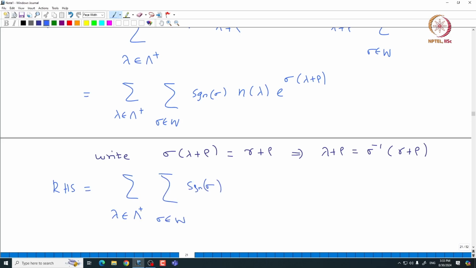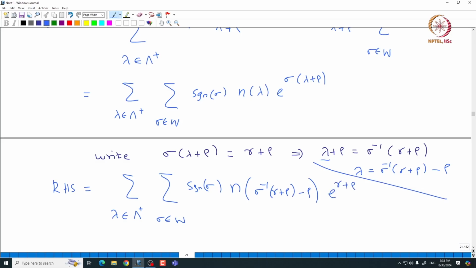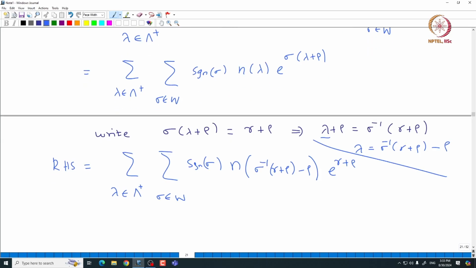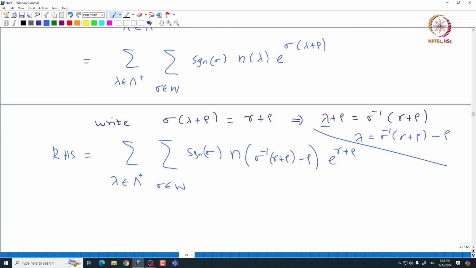So, again we have to replace lambda. So, lambda becomes sigma inverse gamma plus rho minus rho. So, we just use that n of sigma inverse gamma plus rho minus rho here, then times e power gamma plus rho we get. So, now we have to see where these gammas are running.